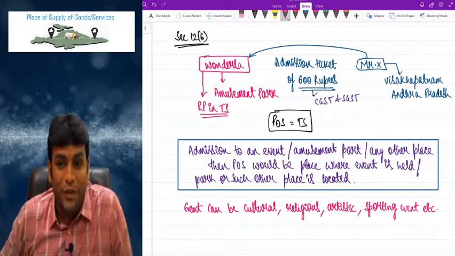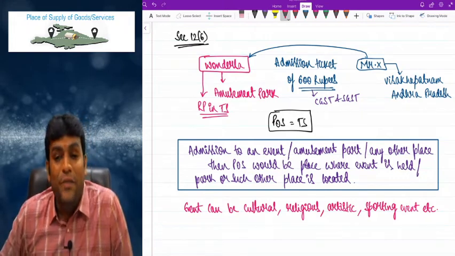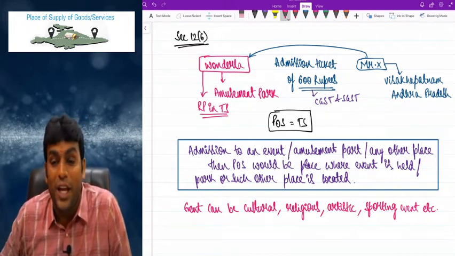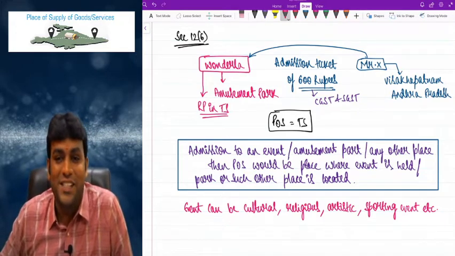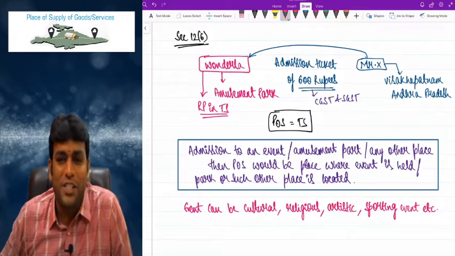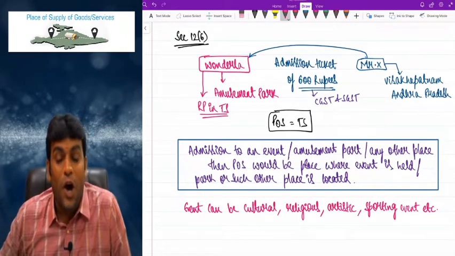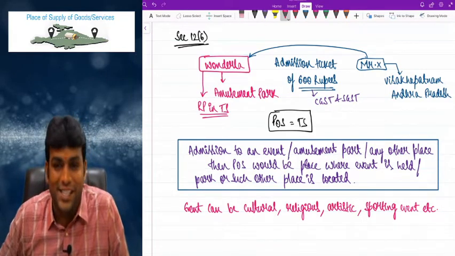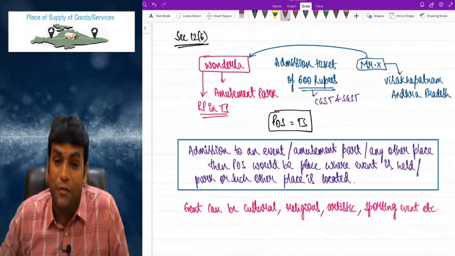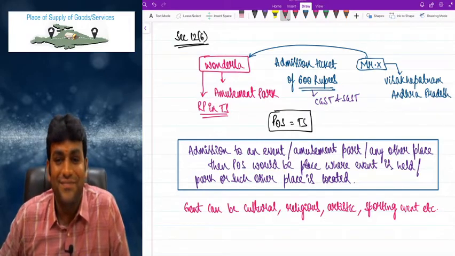I repeat one more time, friends. Whenever we talk about admission to any musical event, award functions, any beauty contest or any sporting events, in these kinds of cases, if the entrance ticket is less than 500 rupees, it is exempt. But if the entrance ticket is more than 500, it is taxable.